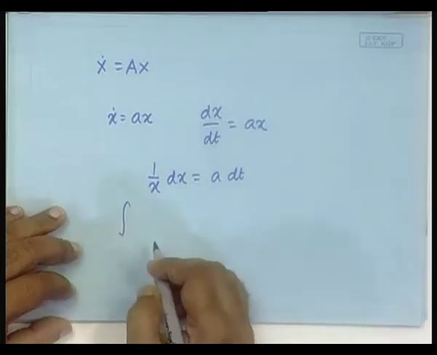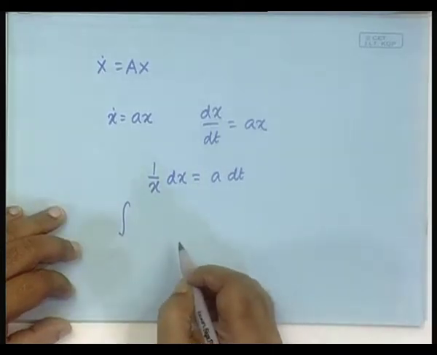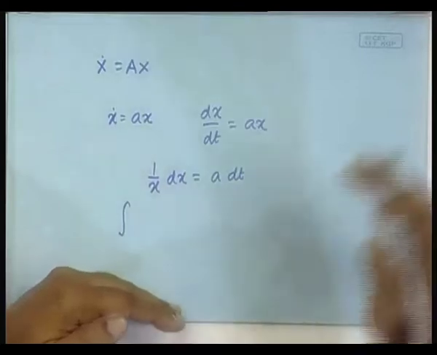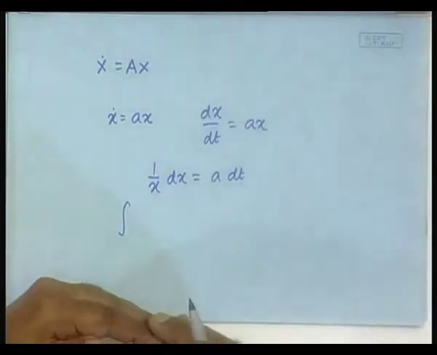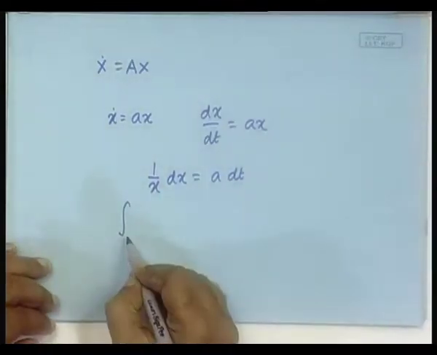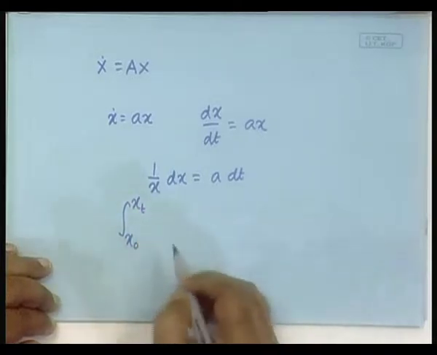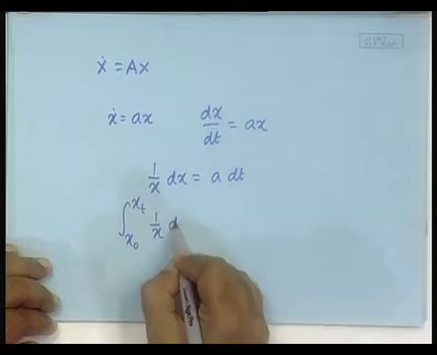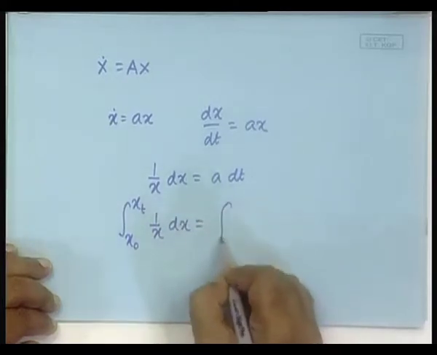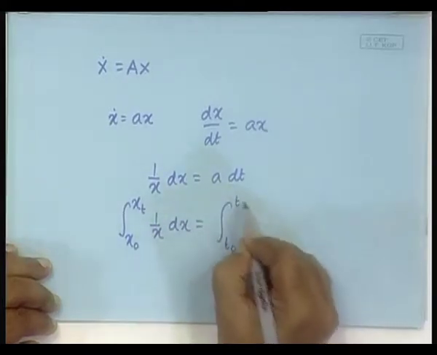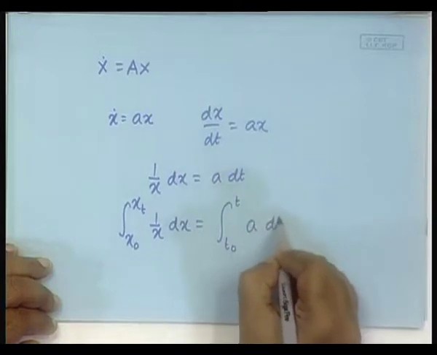Integrated over, well, started from some starting point to some ending point. So, from some initial condition to some final condition. So, starting from x0 to x(t), 1/x dx is equal to, starting from 0 to t, A dt.